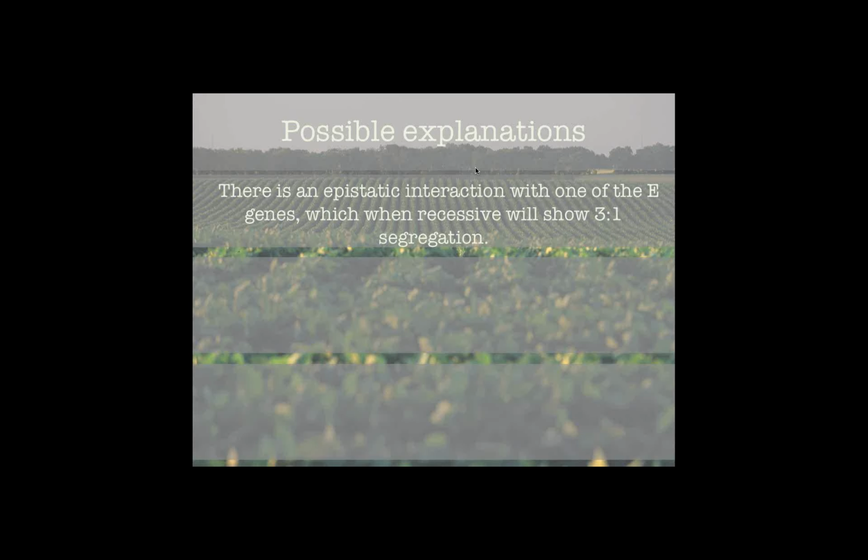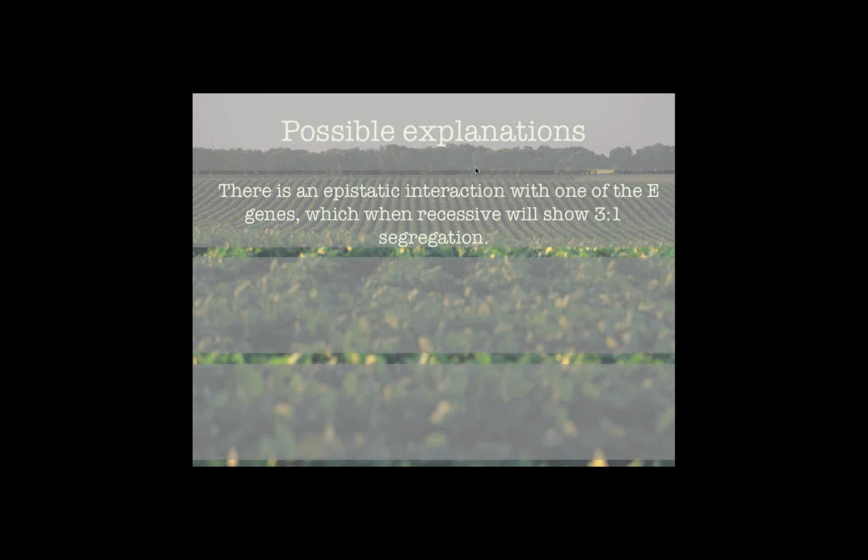The 15-to-1 segregation ratio suggests an epistatic effect between dominant genes, where if there is one dominant allele at either of the loci, then the long juvenile trait will not be exhibited. So what I want to believe is that there's an epistatic interaction with one of the E genes, which when recessive will show the 3-to-1 segregation, which would just make the most sense.